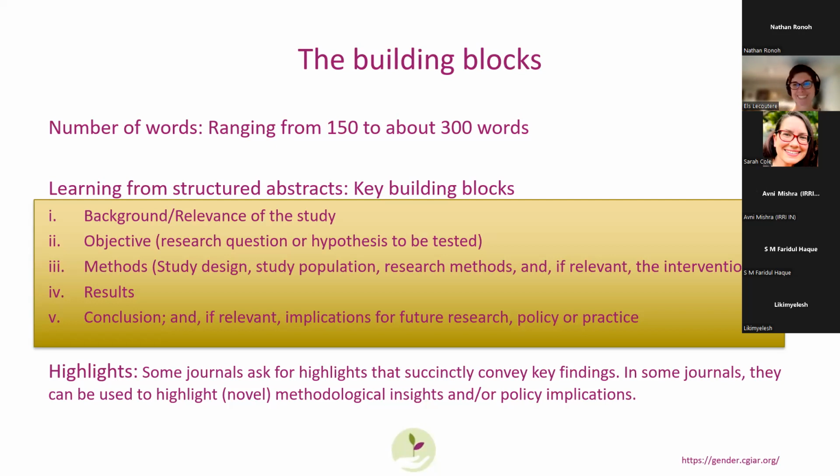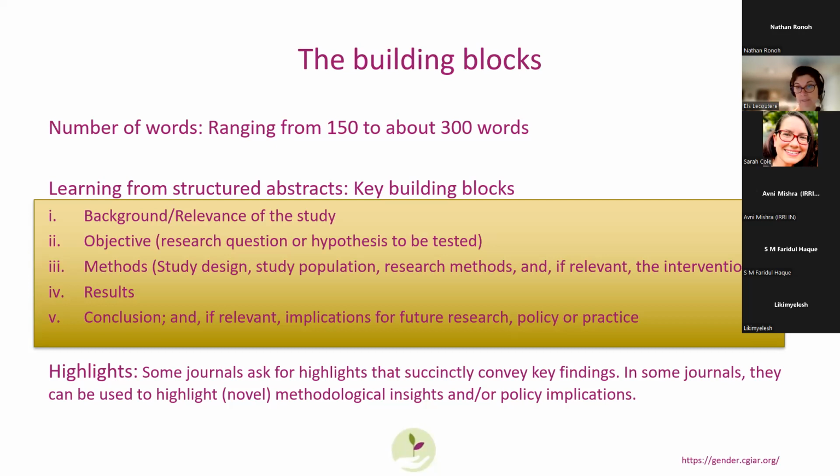But I think the structured abstracts are actually interesting to learn from because they show you the key building blocks of an abstract. And structured abstracts always ask these five things. One, background, the relevance of the study. Two, the objective, so your research question, research objective, the hypothesis you're going to test.